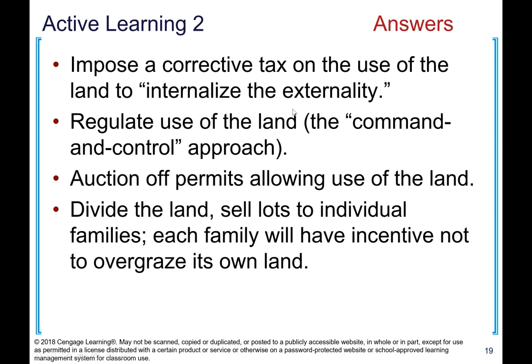Regulate use of the land, that is the command and control approach. Auction off permits allowing the use of the land. Divide the land and sell plots to individual families. Each family will have incentives not to overgraze its own land.